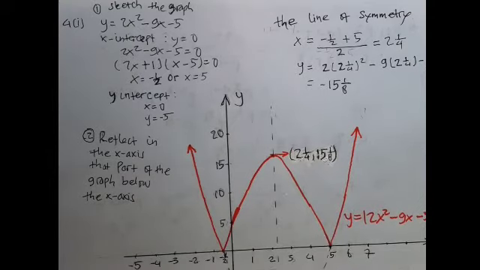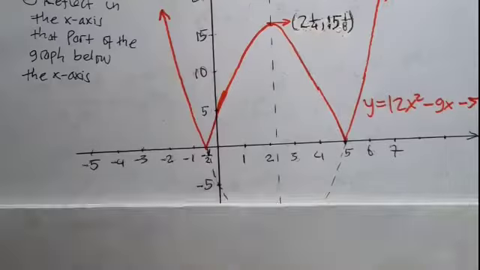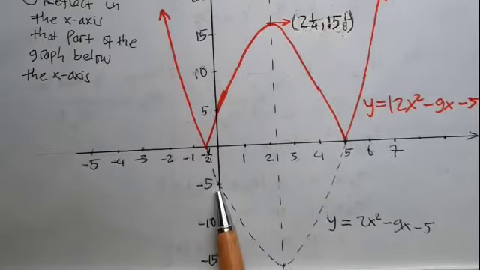And now the y-intercept, when x is 0, y is minus 5, thus the y-intercept is minus 5. That is here.